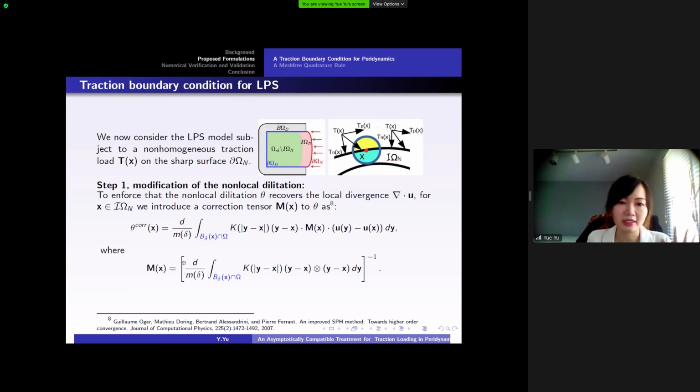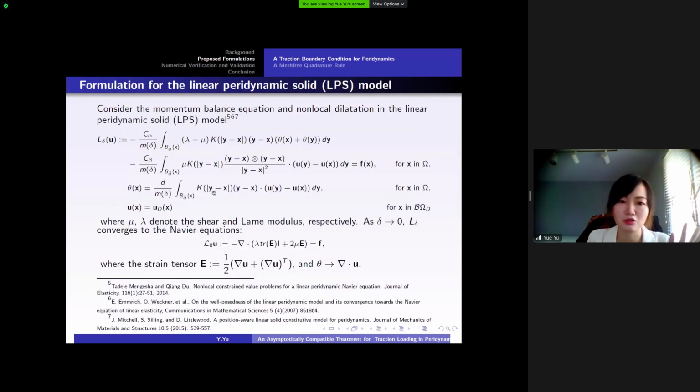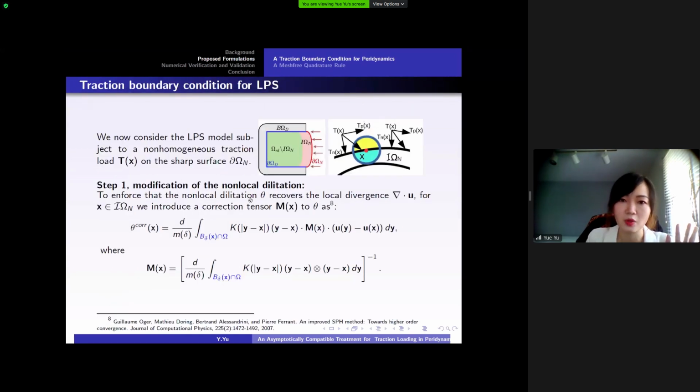In that case, the nonlocal dilatation formulation recovers the original nonlocal dilatation formulation from the LPS model. So this is a unifying formulation for the whole region, for both the green region and the red region.